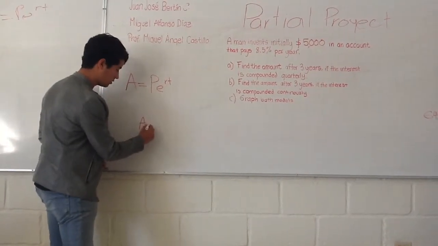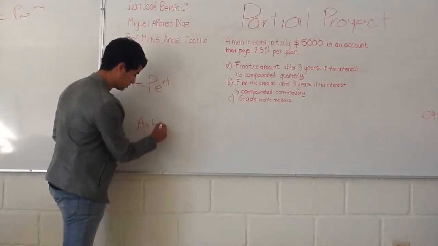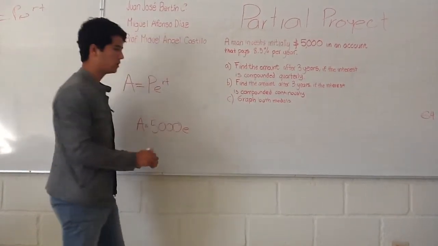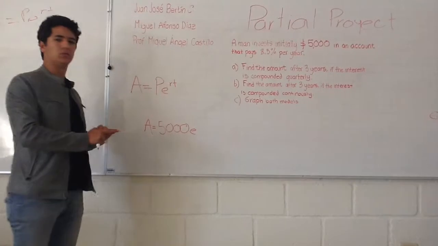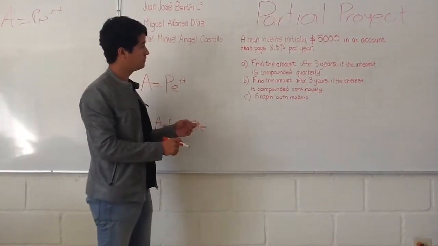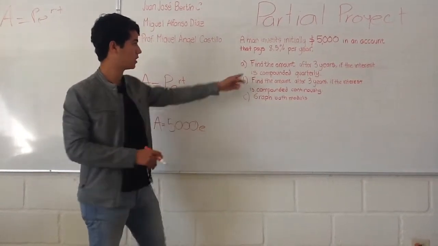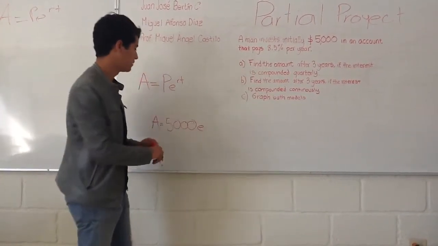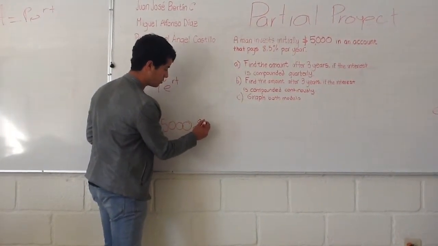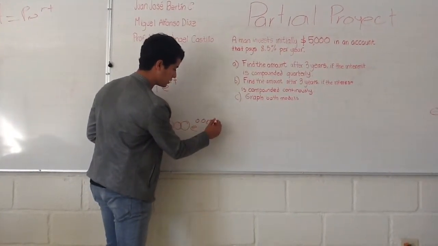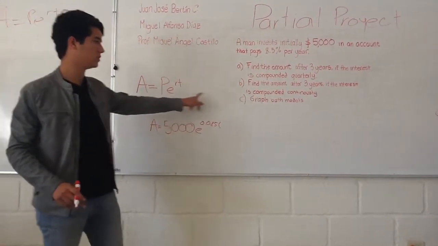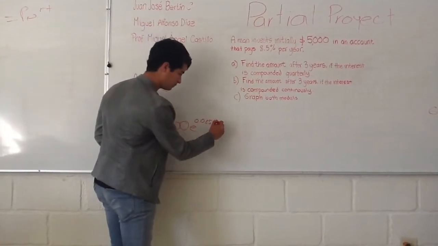It's A equals 5,000 pesos times e. The e is the natural number of the exponential functions, and r is the 8.5% per year, but in a decimal number, that is 0.085, times the years, in this case 3.